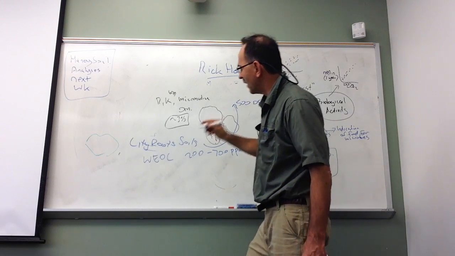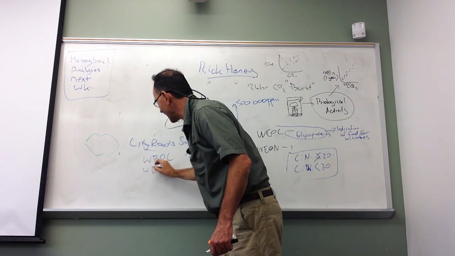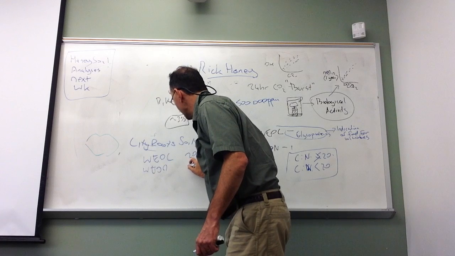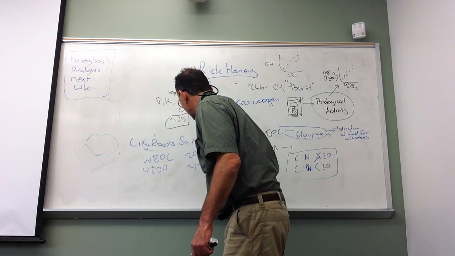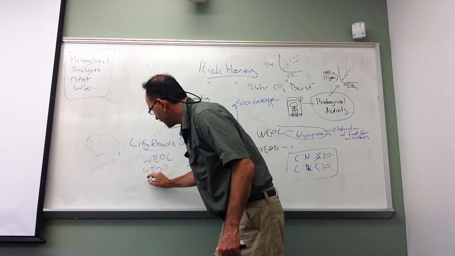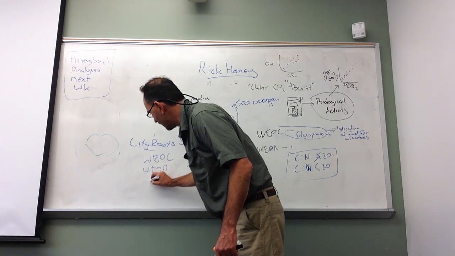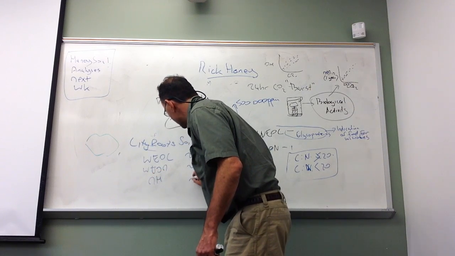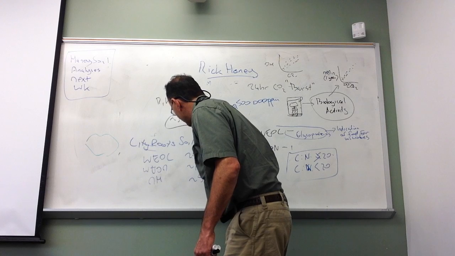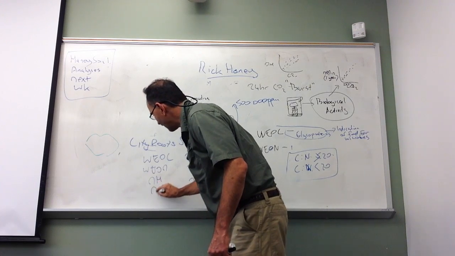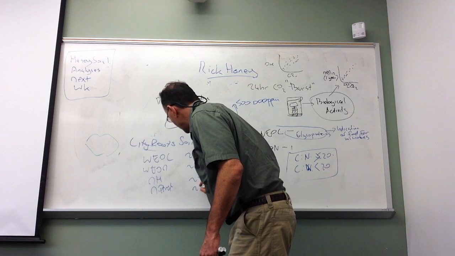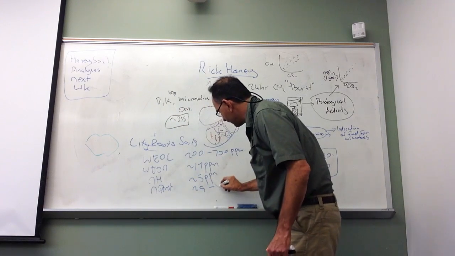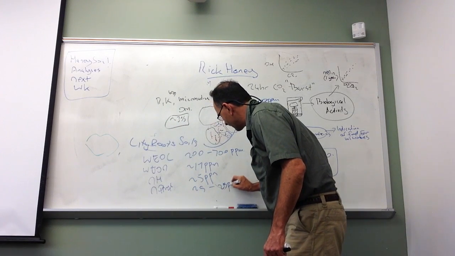Water extractable organic nitrogen is about 17 ppm. Ammonium is typically about 5 ppm, and nitrates are somewhere between 5 and 25 ppm.